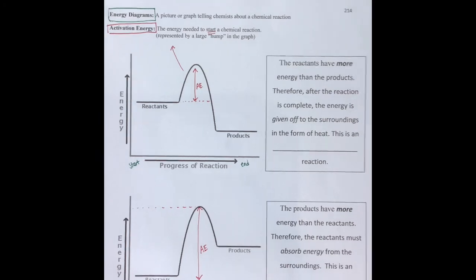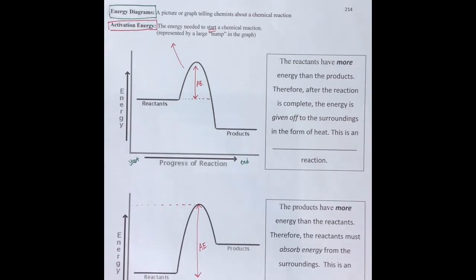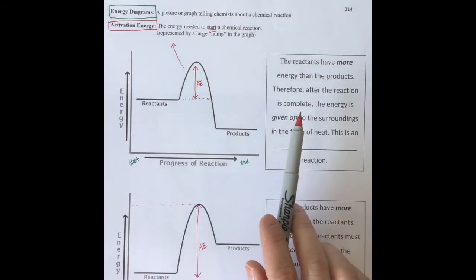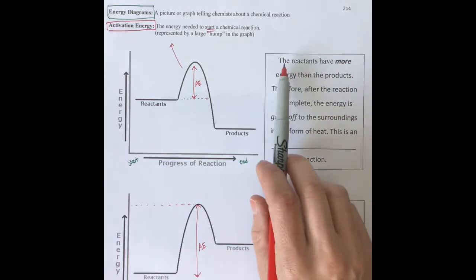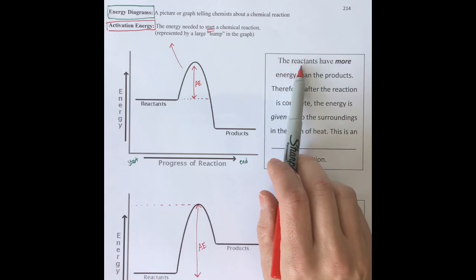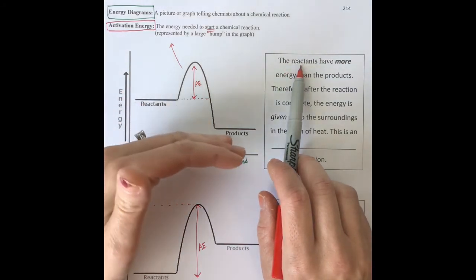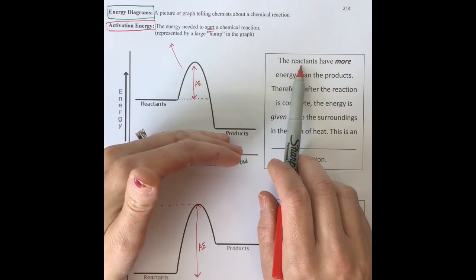Okay, so for these two graphs, we need to label one of them an endothermic reaction and one of them an exothermic reaction. So let's read these definitions off to the side. In this one, the reactants have more energy than the products. Okay, let me say that again.